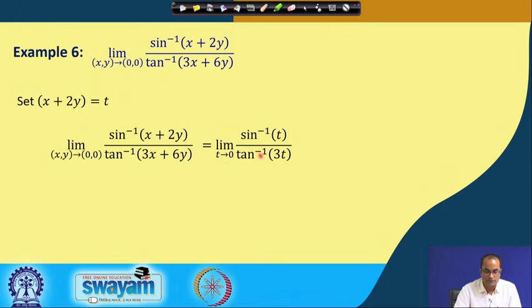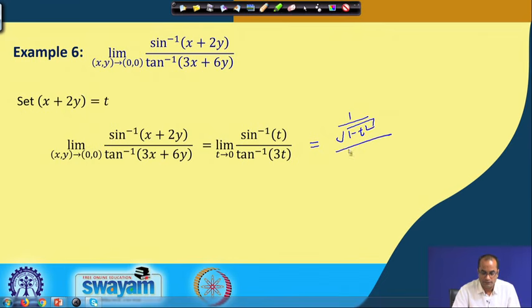In this case it is like 0 by 0, so we can apply L'Hopital's rule, which says this will be 1 over square root of 1 minus t squared, and here 3 over 1 plus 9t squared, and then the limit as t goes to 0.